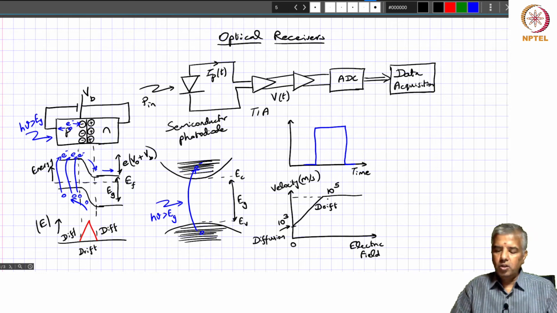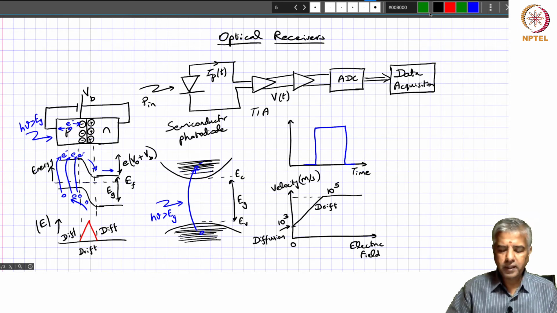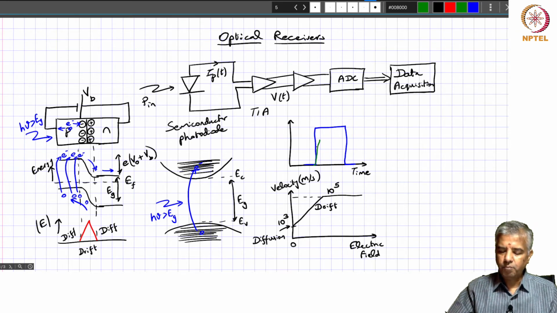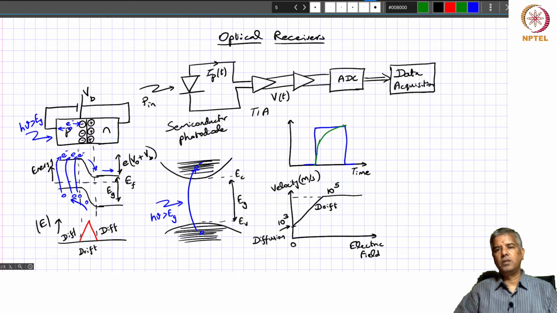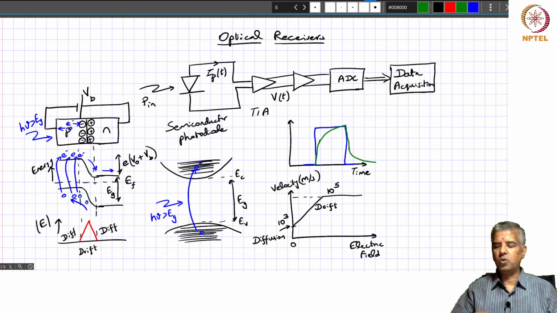Okay. Now, when you look at the overall response, this is how it's going to look, right? So the photocurrent that's generated in the external circuit will have a component that comes up relatively quickly, but then it's going to respond a little slow, and then once again, of course, when the power is shut off, it's going to respond relatively quickly, and then there's going to be a slow component over here.